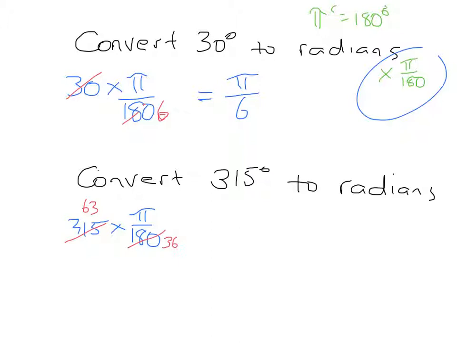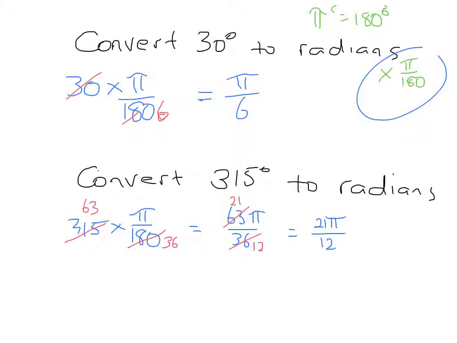So this is now equal to 63 pi over 36. Now if I look at both the 63 and the 36, 3 will go into both of those. So 3 goes into 63 21 times, and 3 goes into 36 12 times. So this is now equal to 21 pi over 12.